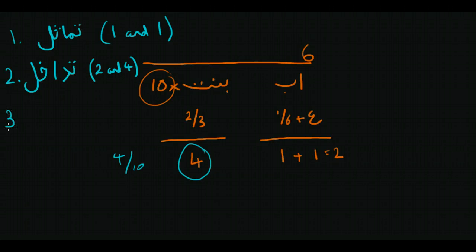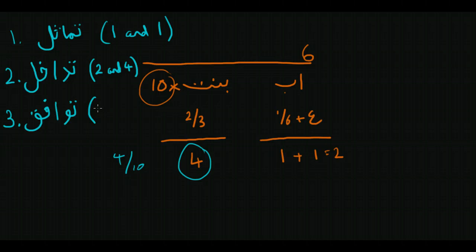The third type we learned was tawafuk. Tawafuk is where one number goes into another number, however there's a remainder left over, but a third number goes into both of them.